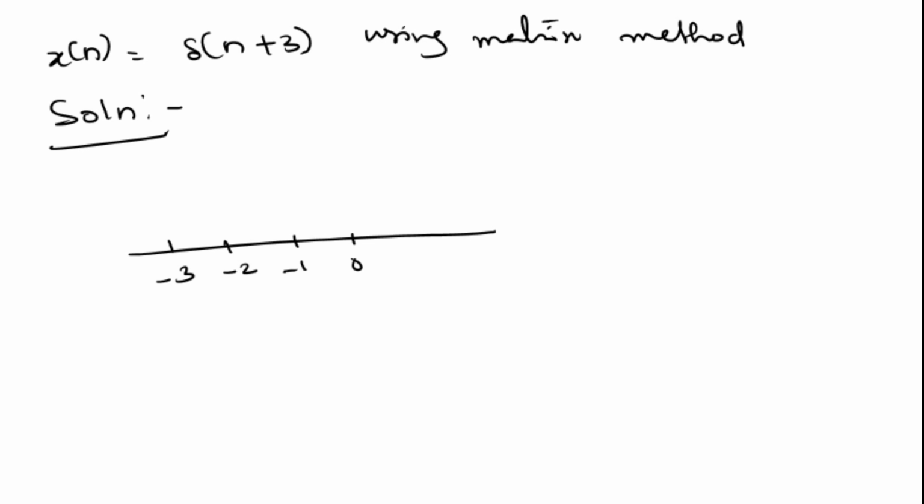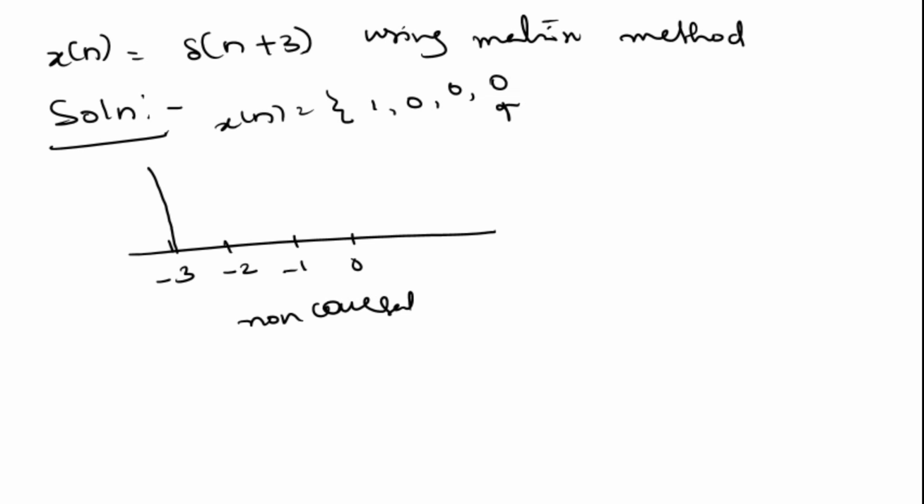This is non-causal, and this is x of n given, x of n is equal to 1, 0, 0, 0.